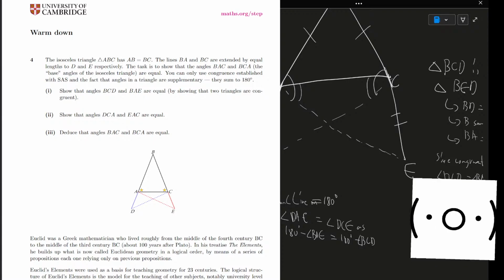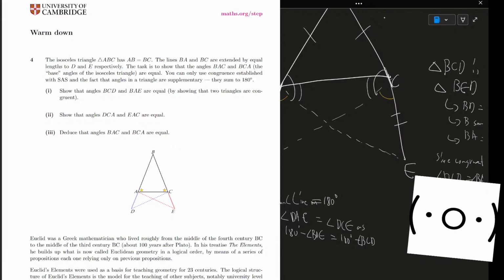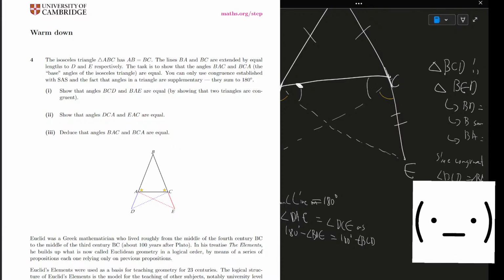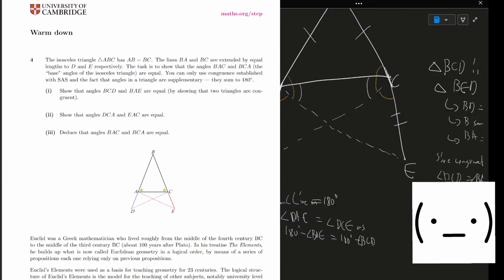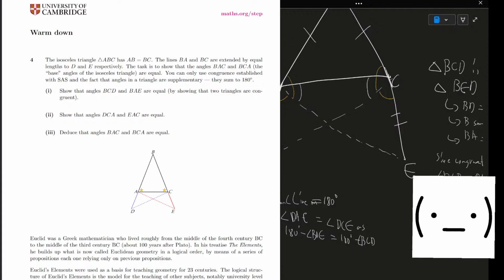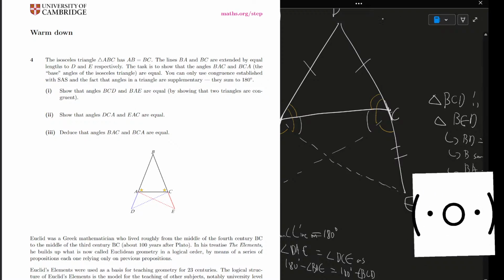Let's mark equal angles with some kind of different color, like gold. Gold is a lovely color. At least the confirmed ones, let's mark as gold. And we also know that these two are equal to each other, do we? No, we don't.